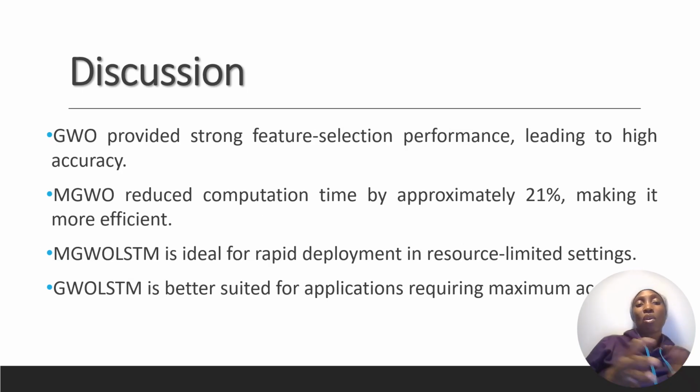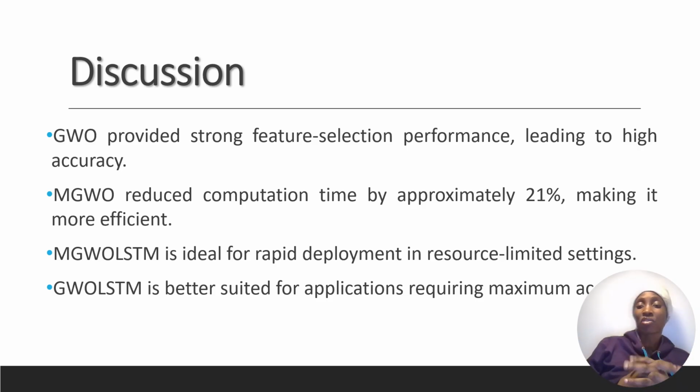The Grey Wolf optimization technique provided strong feature selection performance leading to high accuracy, and the modified Grey Wolf optimization technique reduced computational cost by approximately 21%, making it more efficient. So the modified Grey Wolf optimization LSTM is ideal for rapid development in resource-limited settings, just like a mobile application.